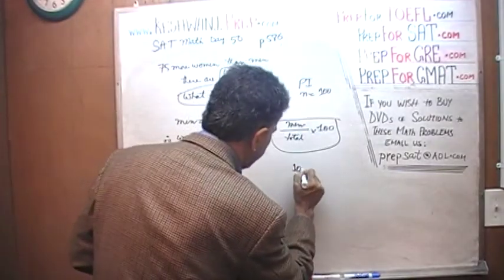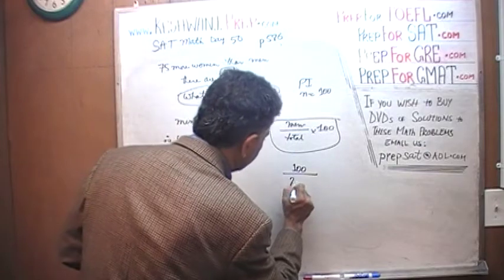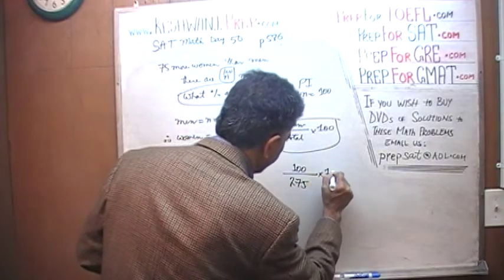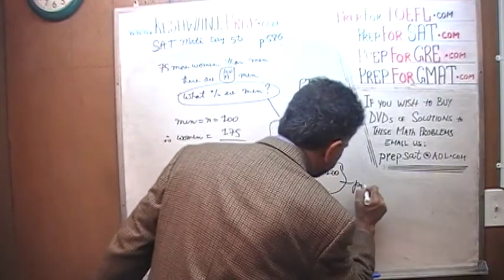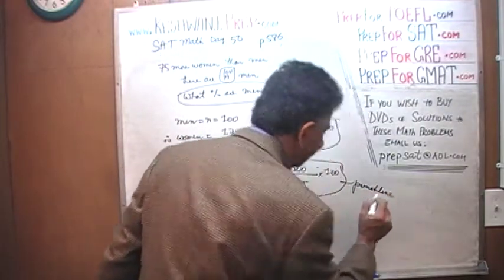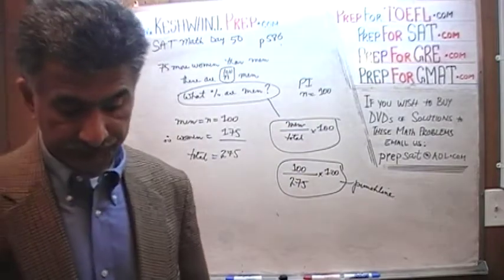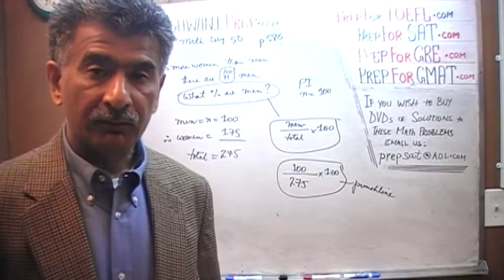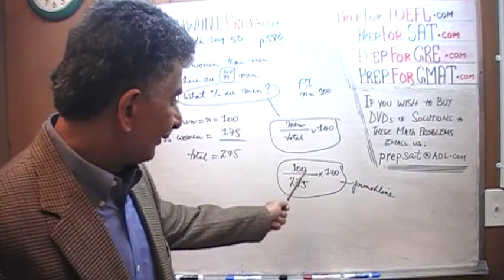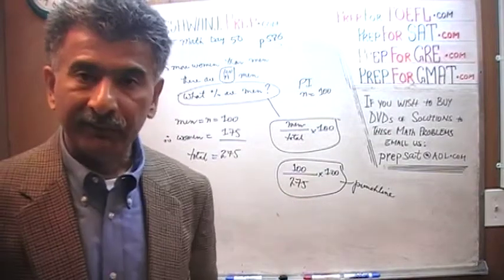So it's 100 over 275 times 100. There you go. This is what I like to call the punchline. We're looking for an answer that works out to be 100 times 100 over 275.